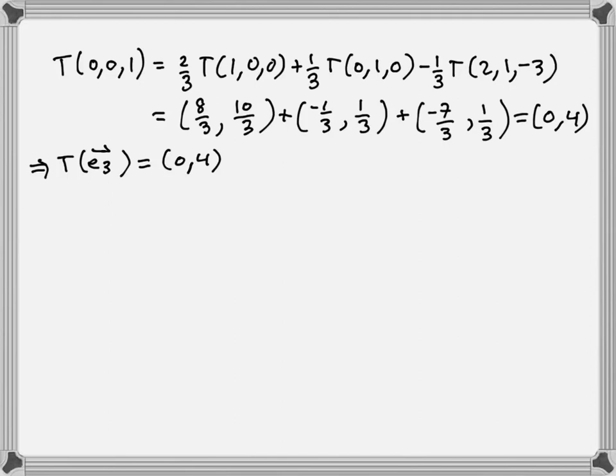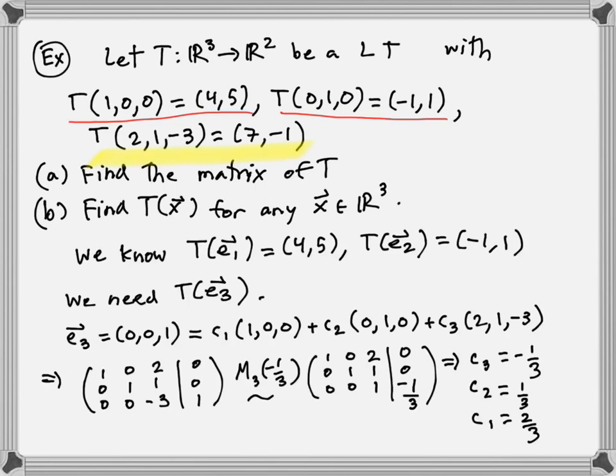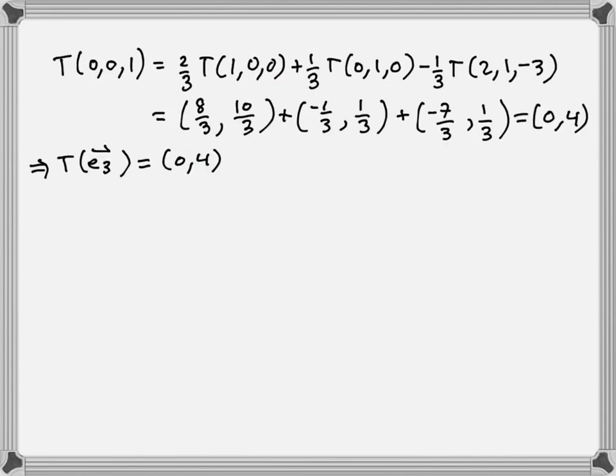So we're ready, right? Because we know what our three guys are. If we come back here, T of E1 is this, T of E2 is this, and T of E3 is this. So the matrix of T is, you just make those your three columns.